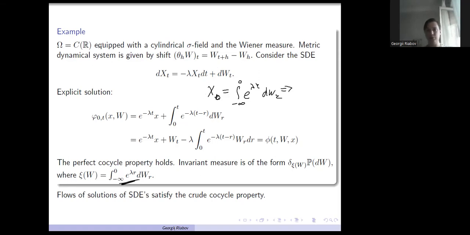It is very easy to solve this equation if you compute the differential of exponent lambda t times X_t. It will be equal to e^(lambda t) times (lambda X_t dt plus dX_t). And this is exactly dW_t.